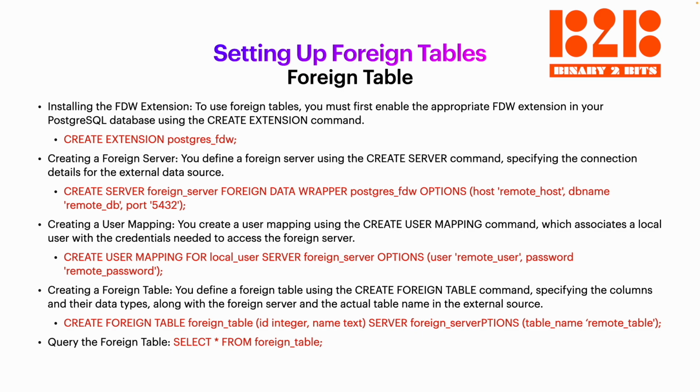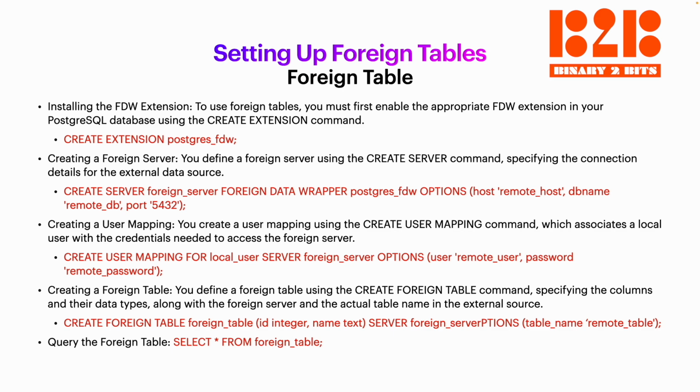You define a foreign server using the create server command, specifying the connection details to the external source. Creating a user mapping: you create a user mapping using the create user mapping command, which associates a local user to the credentials needed to access the foreign server.